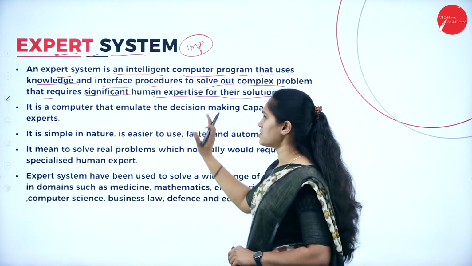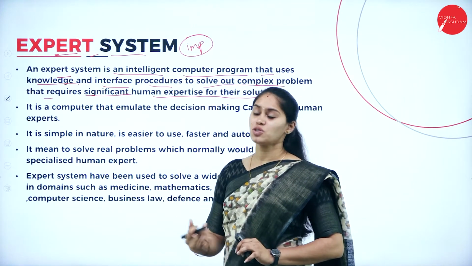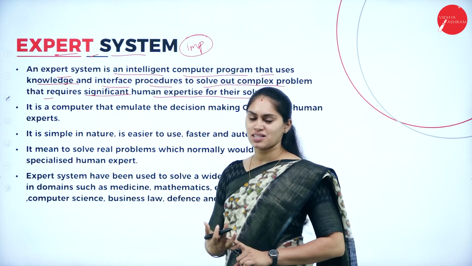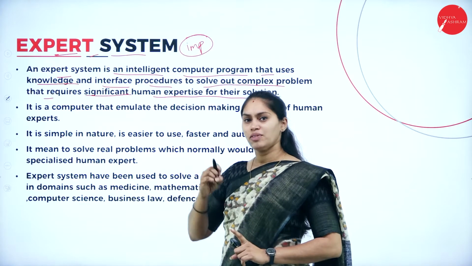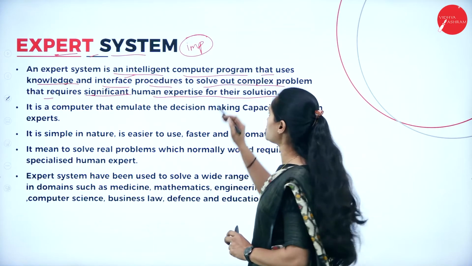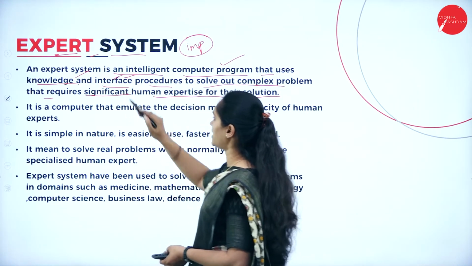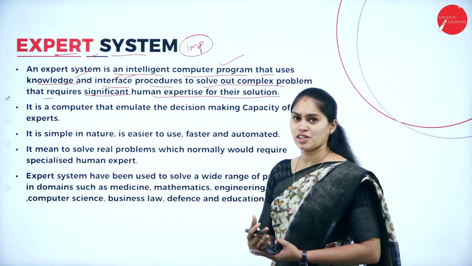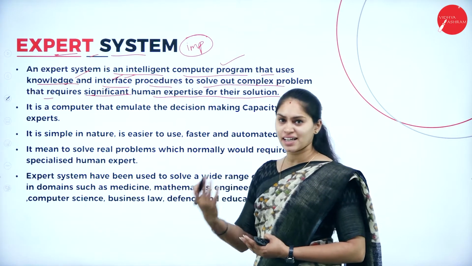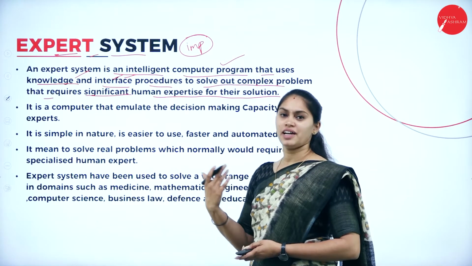So we use the computer when humans can't take the decisions. That is termed an expert system. This expert system thinks beyond human thinking. By making use of this computer program, with its knowledge and inference procedures, it can solve real-time problems which cannot be solved by the user or a human.